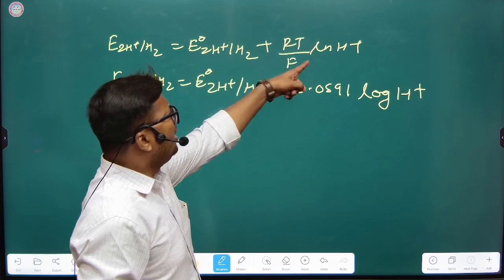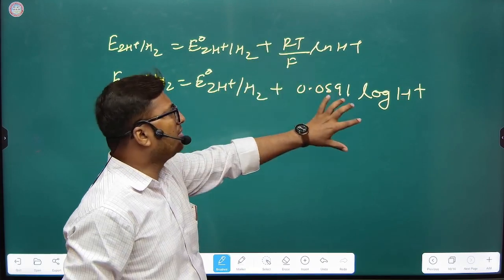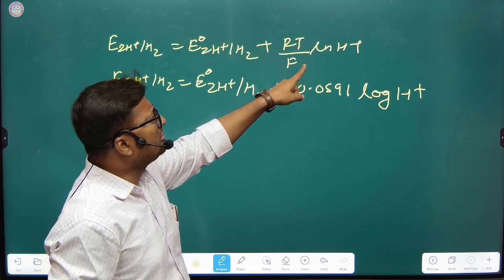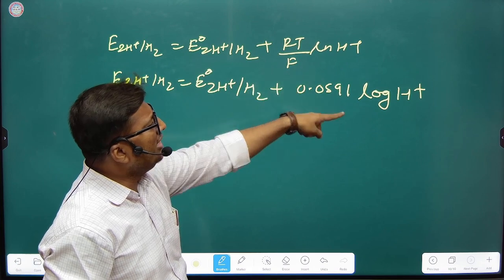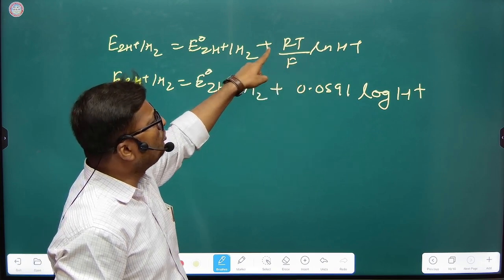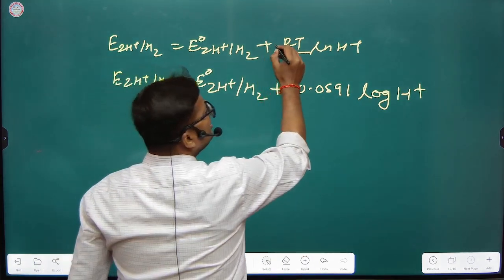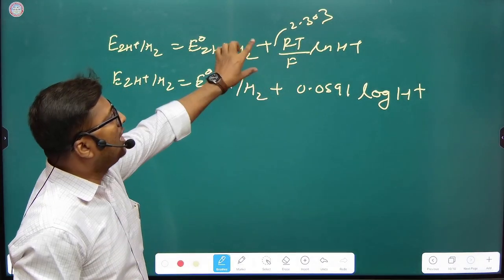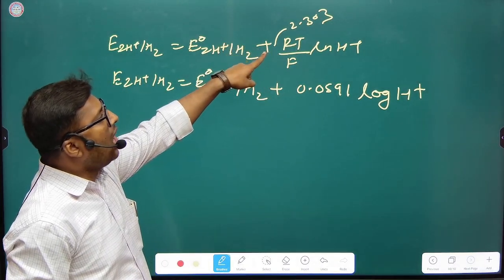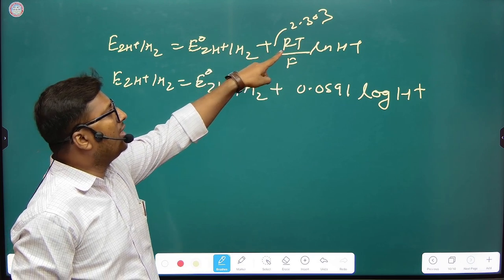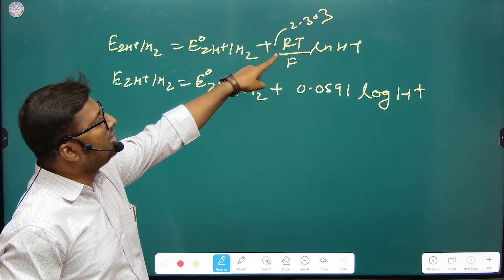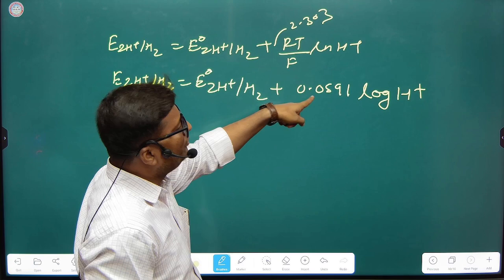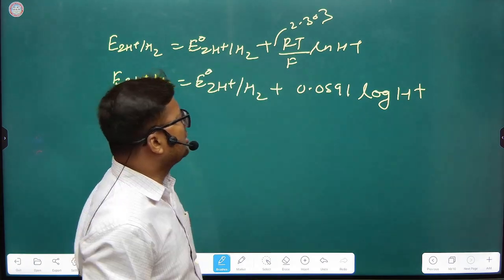So here ln is converted into log. Log is 10 base and ln is e base. So we just want to convert this e base into 10 base, then we multiply by 2.303, and overall if you put the value of R as 8.314 and T as the temperature 298 Kelvin and F as the Faraday constant, then we will get 0.0591 log H plus.